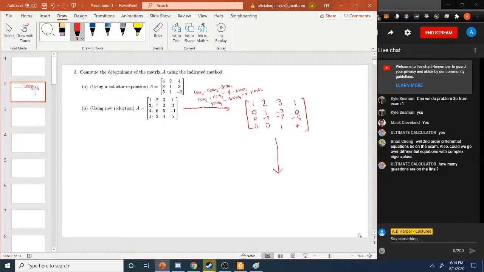What we want to do is make this matrix upper triangular using just type 3 row operations. So I'm going to say that right here. To easily compute det A, make it upper triangular using only type 3 row operations.